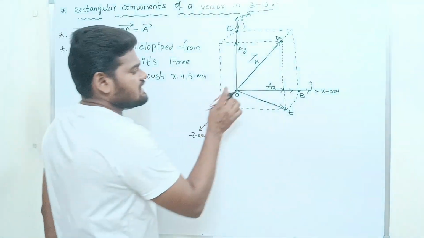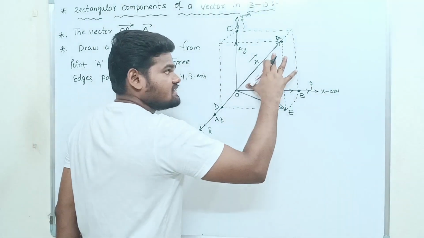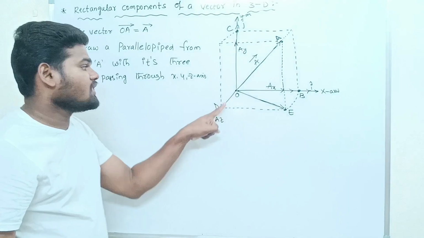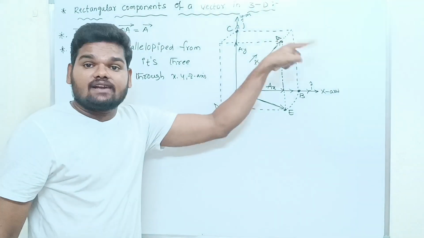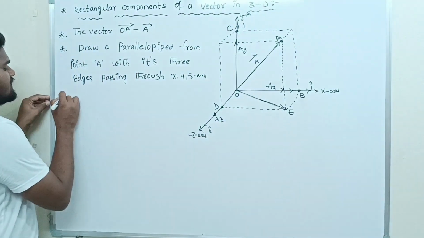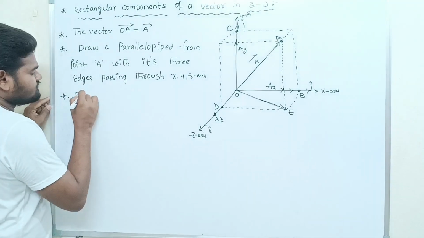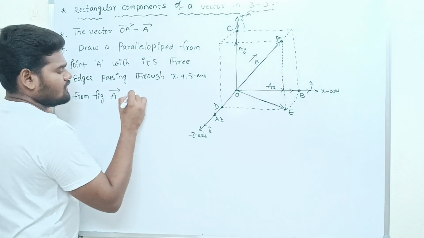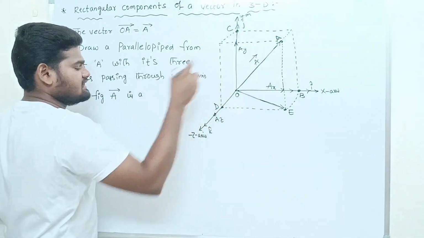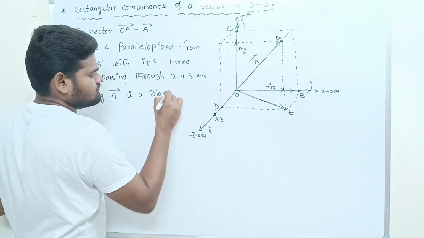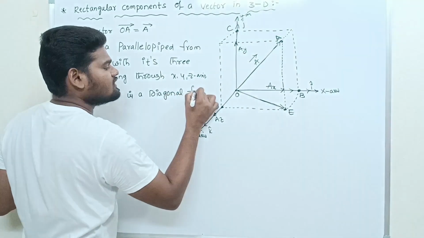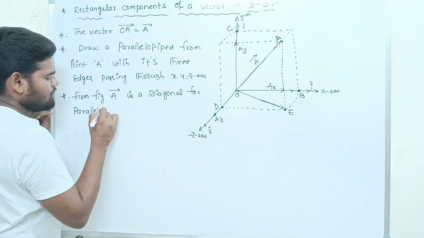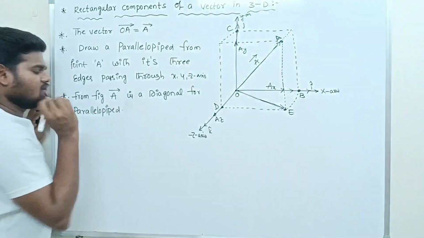So from the figure it is clear that this A bar vector is a diagonal of the parallelepiped. Right.